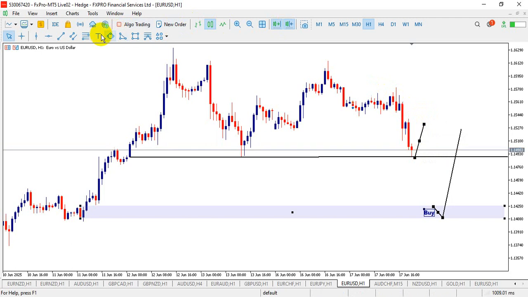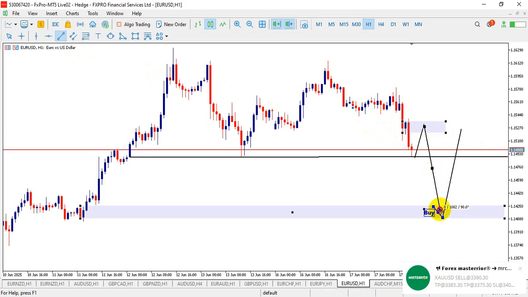If you look at this point, we have a rally base rally, so probably there might be a bounce, then that bounce will result in price getting to this supply zone, then probably price might continue towards this demand zone.